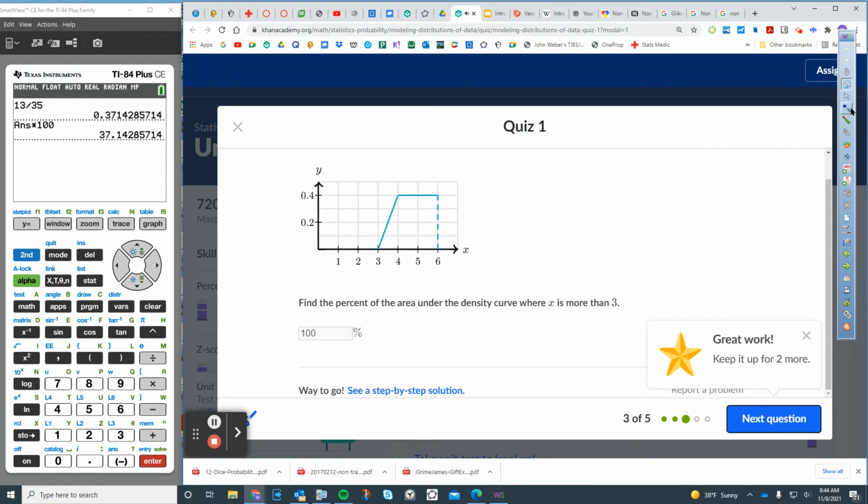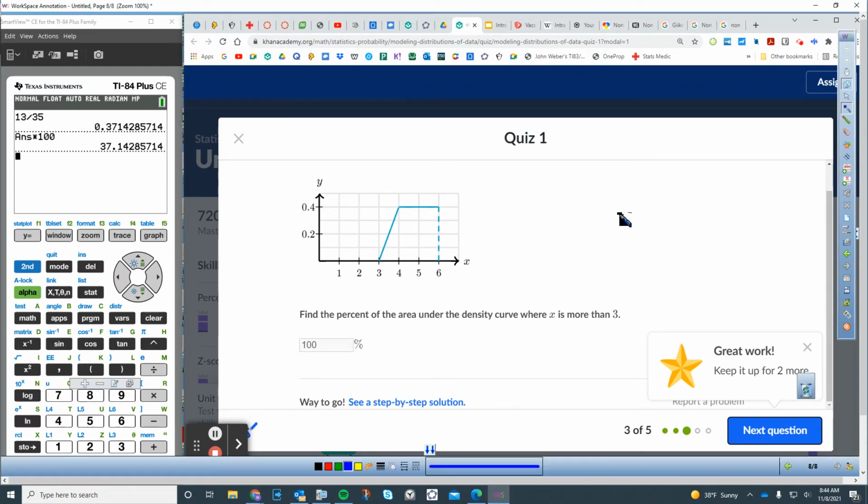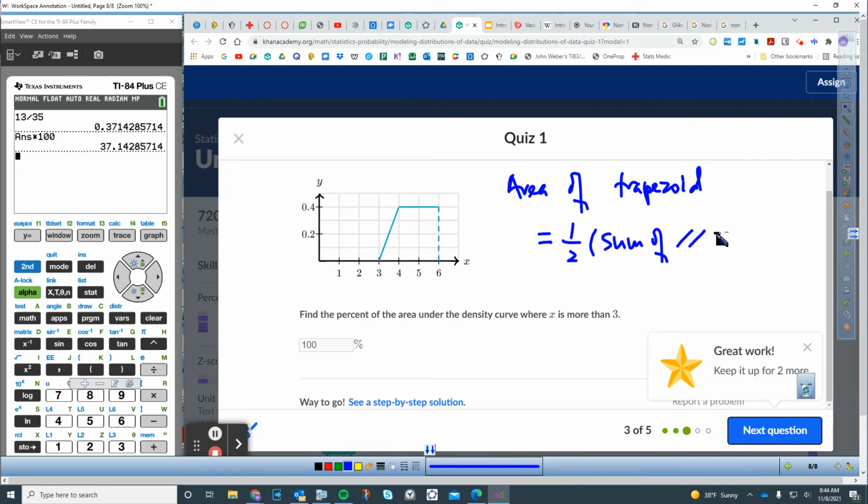Right. By the way, if you ever need to find the area of a trapezoid, area of trapezoid, okay, which is half times the sum of parallel sides, which means you got to add this and this, right?